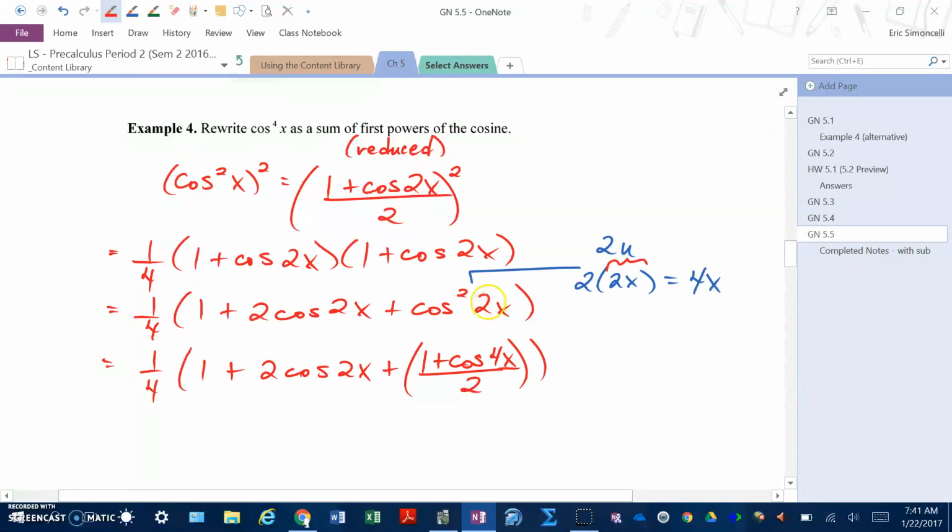If the angle had been x instead of 2x, then yes, we would have used 2x. So really, if you think about it, we're just multiplying what our typical double angle is here by 2. So it became 4x.